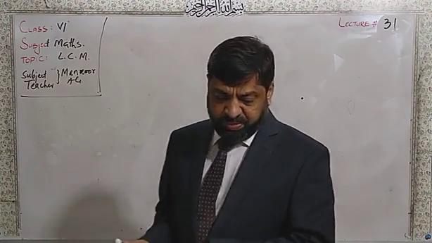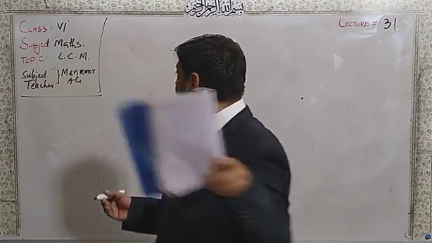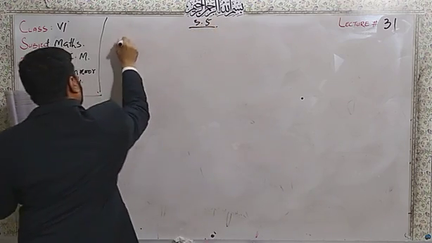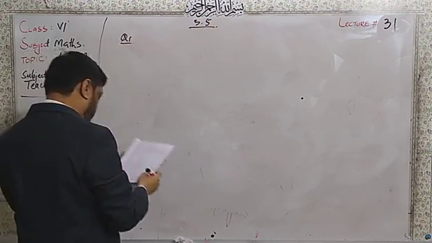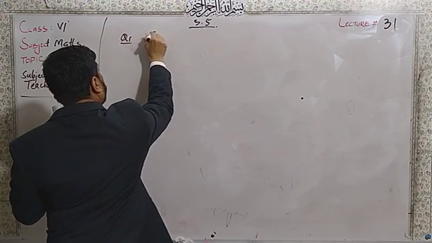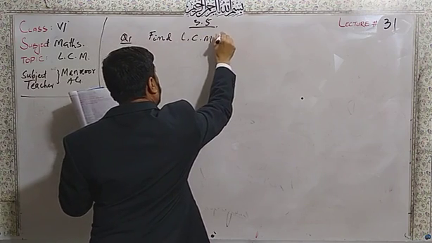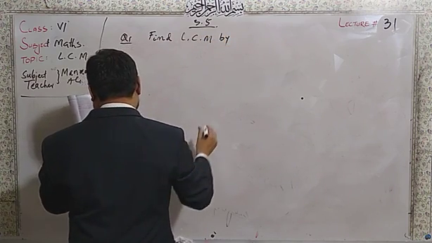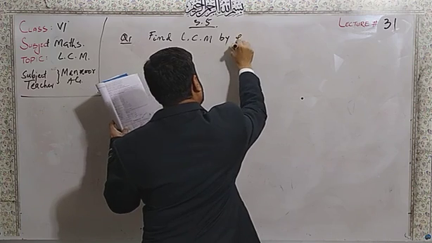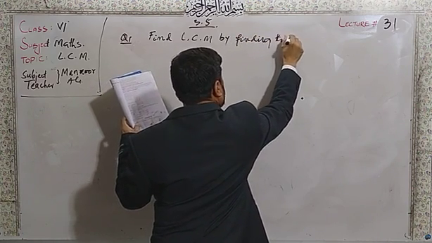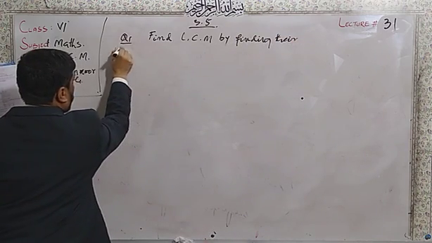Dear students, in question number 1 of 3.5, we are asked to find the LCM by finding their common multiples.